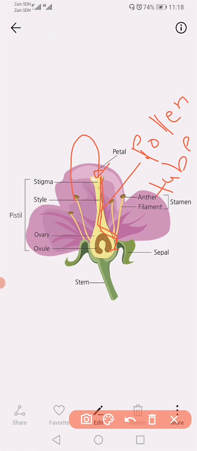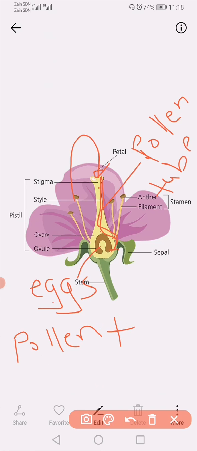So after pollination takes place, the pollen tube will grow downwards from the stigma to the ovary and transfer the pollen from the stigma to the ovary. After this pollen grain enters the ovary, it finds ovules and there are eggs inside the ovules. So what will happen?